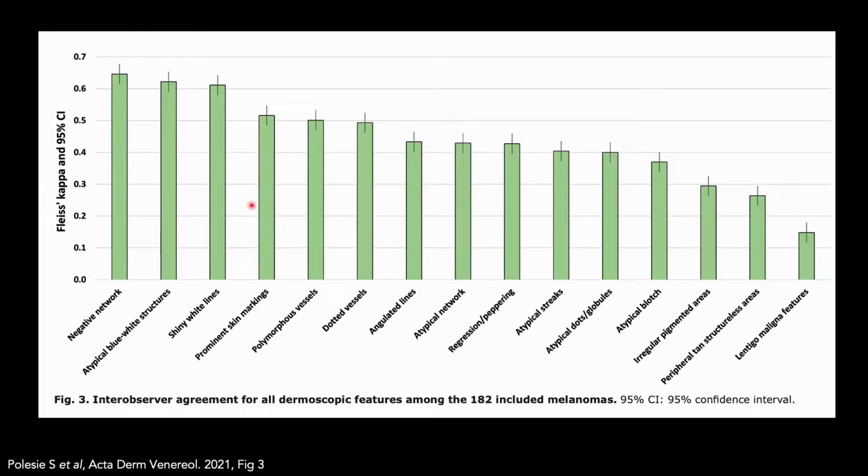And in terms of interobserver agreement for these specific features, atypical blue-white structures and shiny white lines both had a substantial interobserver agreement. As you can see here, the highest interobserver agreement was observed for negative network. However, negative network was not indicative of invasive nor in situ melanoma in this investigation.